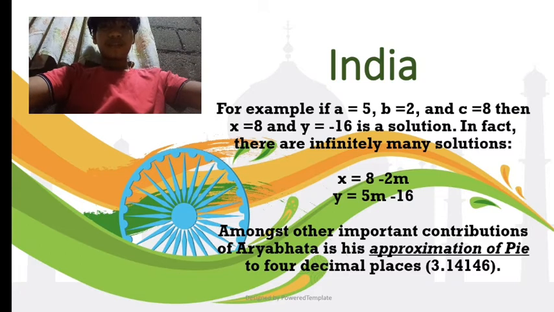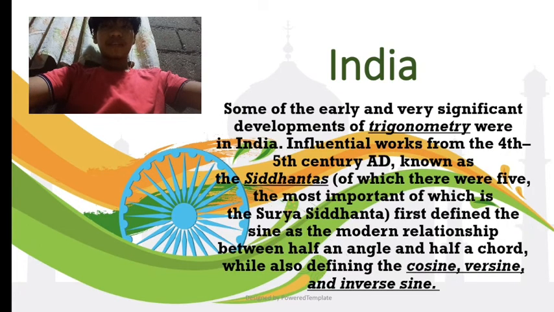3.1416. Some of the early and very significant developments of trigonometry were in India. Influential works from the 4th to 5th century AD, known as the Siddhantas, of which there were 5, the most important of which is the Surya Siddhanta, first defined the sine as the modern relationship between half an angle and half a chord, while also defining the cosine, versine, and inverse sine.